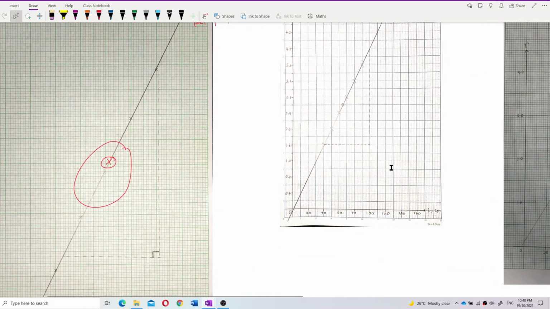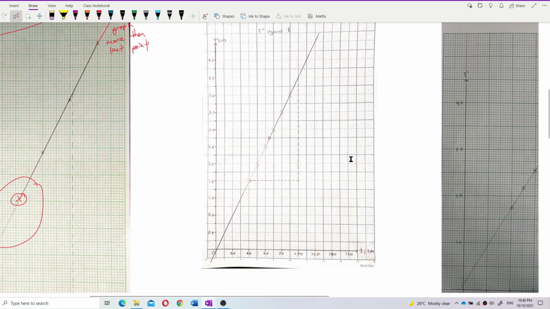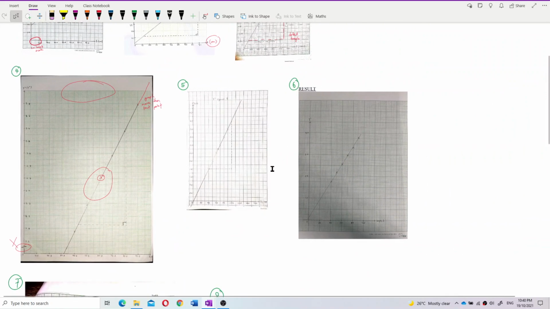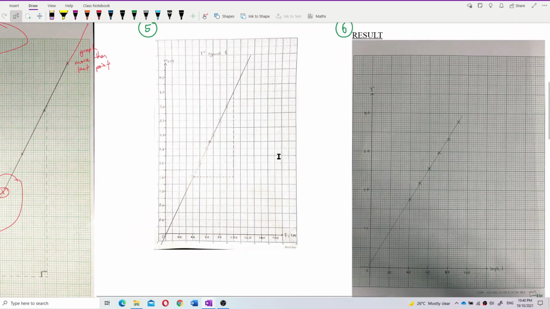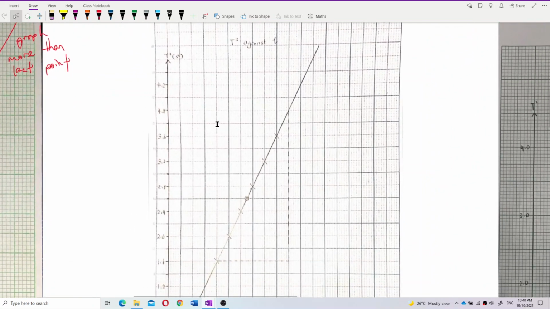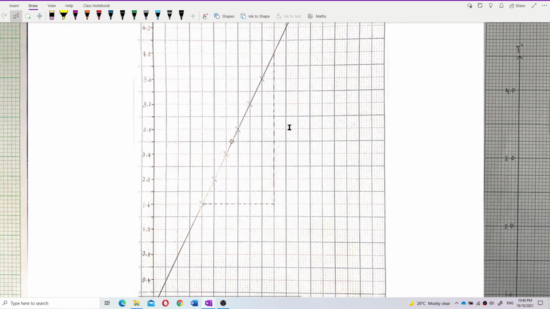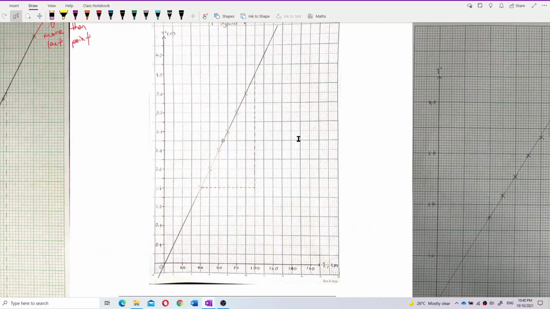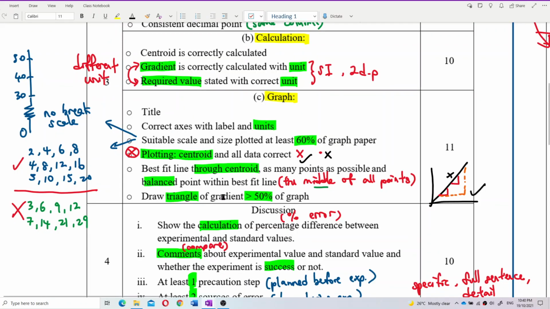Okay? So look at the next graph. What is wrong with this next graph? See the triangle, so small, not more than 50%. The gradient triangle must be more than 50% of the graph.